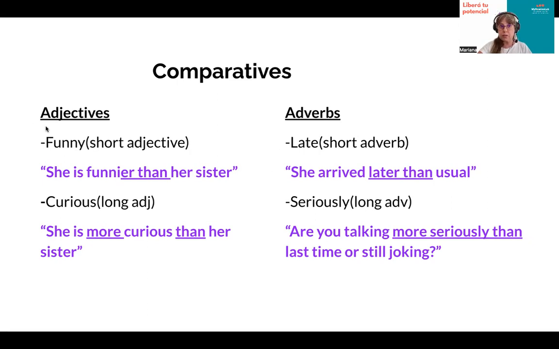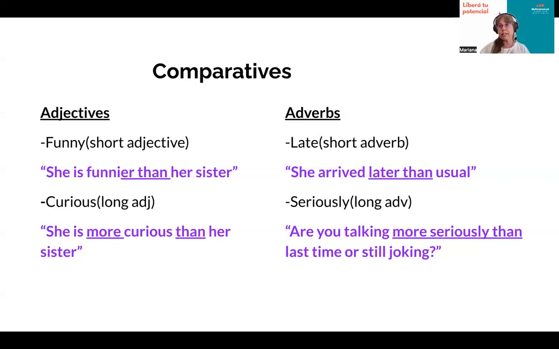For adjectives, let's go and read the sentences. She is funnier than her sister. So what happened here? From the adjective funny, that is considered short in amount of letters. What is a short adjective? A short adjective is one that contains a maximum of 2 syllables, no more than that.